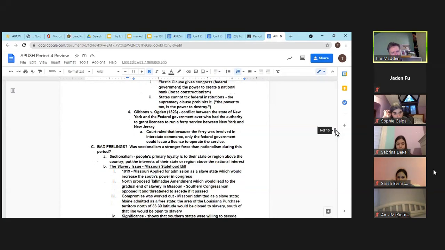Okay, so this is now the sectionalism. My feeling is, if you were to get an essay question on this, I would lean towards sectionalism, and that it wasn't a period of strong nationalism. On its surface, there's this appearance of unity, but really, and this is where your analysis is, the regions of the country, the North, the South, and the West, differed economically.